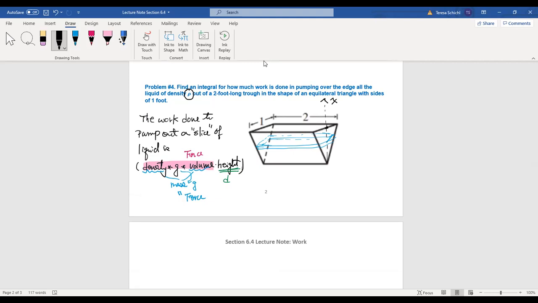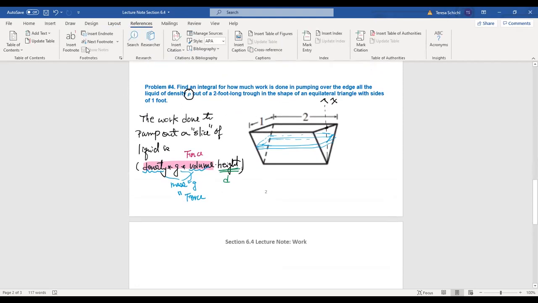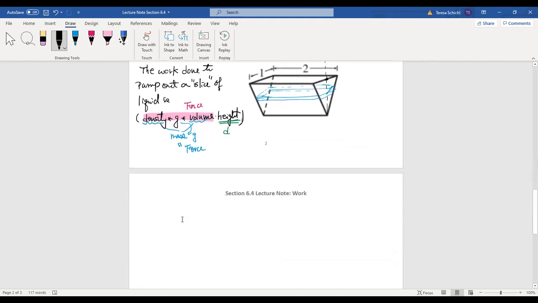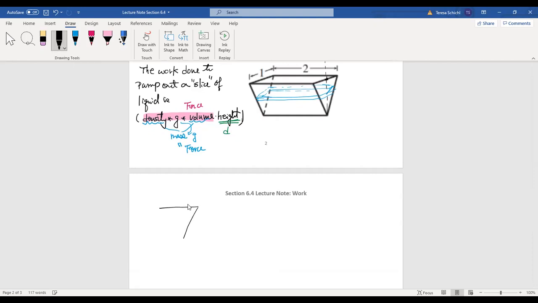First, the side is an equilateral triangle. So this is my side, and it's an equilateral triangle, so this is 1, this is 1, this is 1. Am I right? Then this side is 1/2, because it's equilateral.